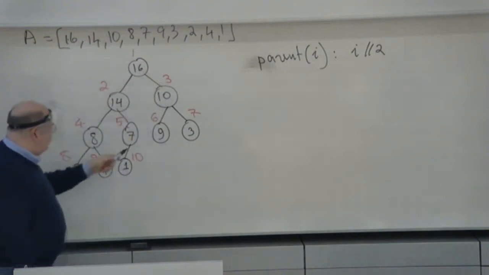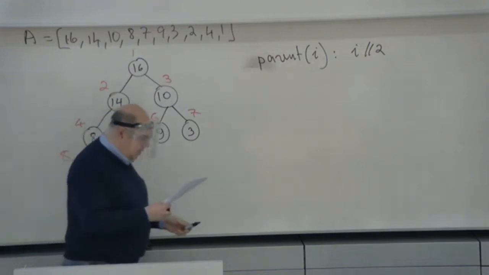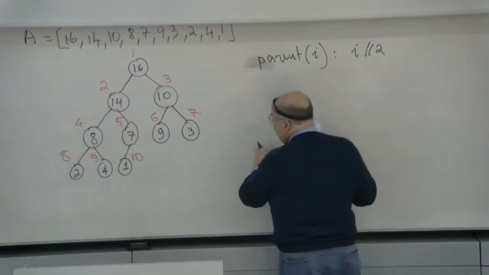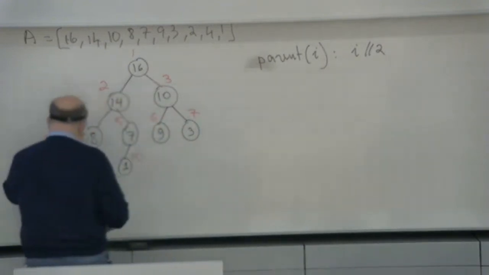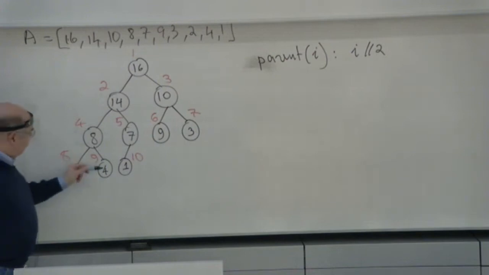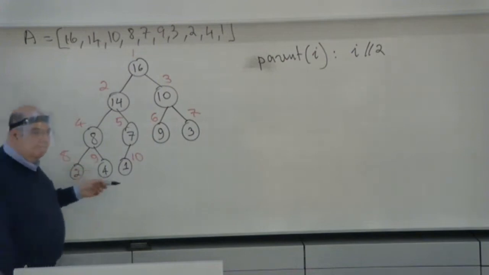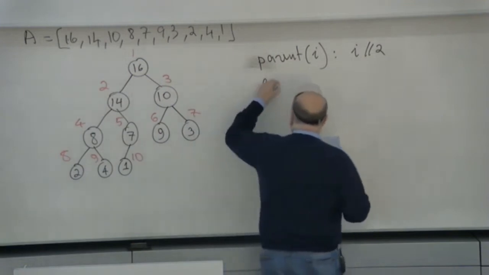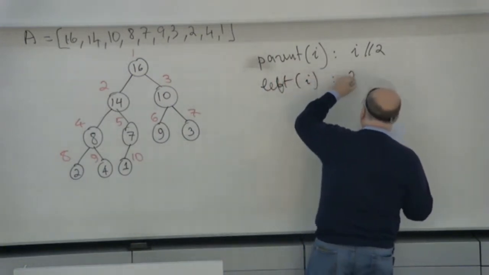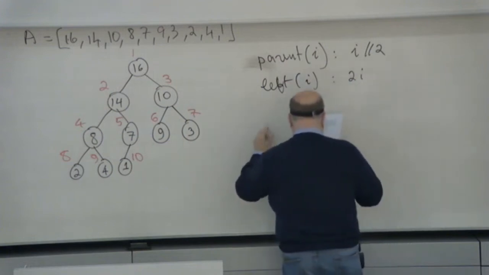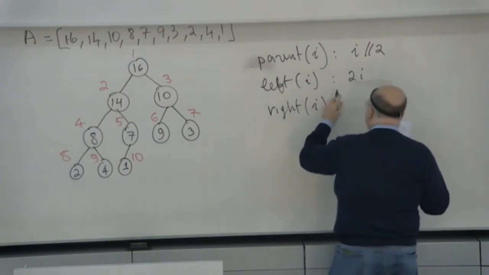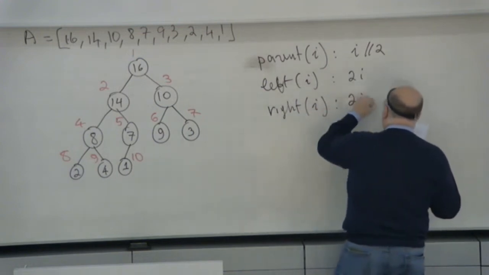You see that the rule is always true, and of course you can prove these things. For every node, the left child of i is 2i, and the right child of i is 2i plus 1.